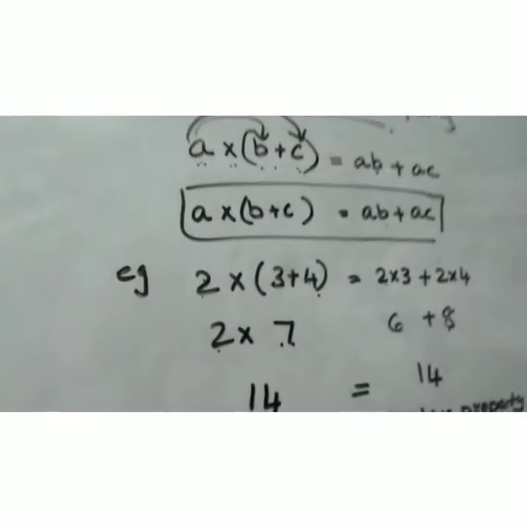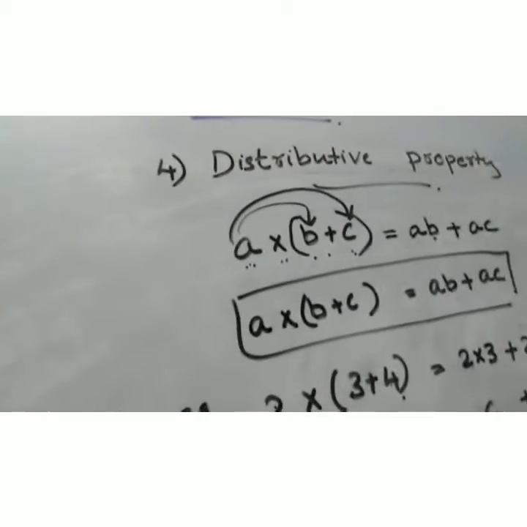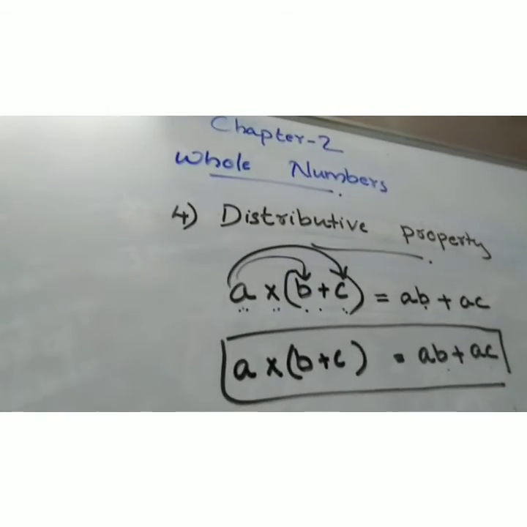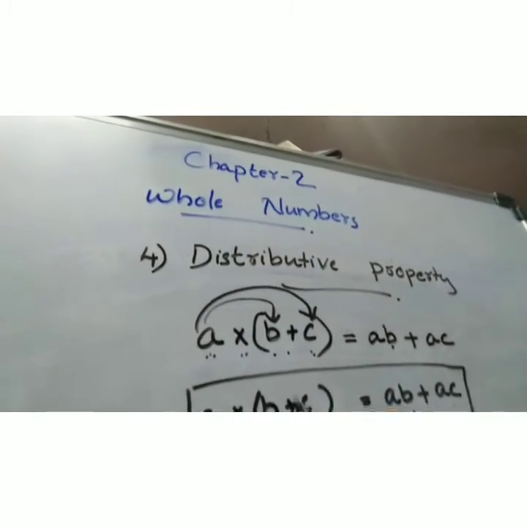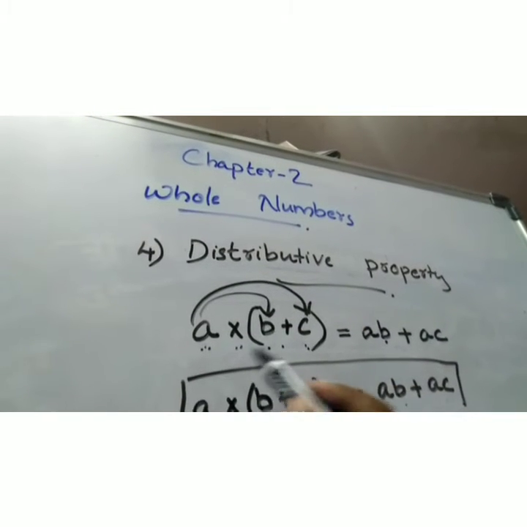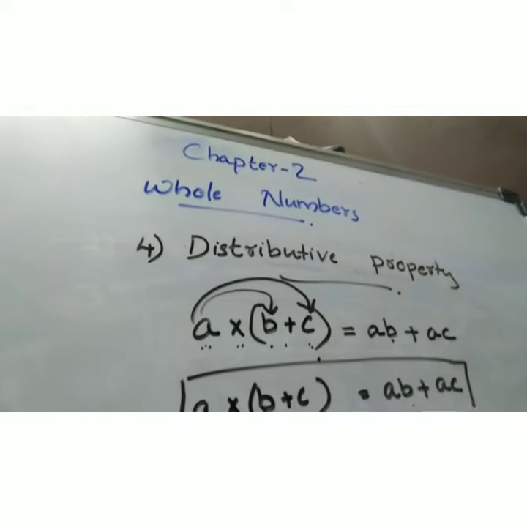This property is used for calculating numbers in an easy way. Okay. This property we can use for three whole numbers.